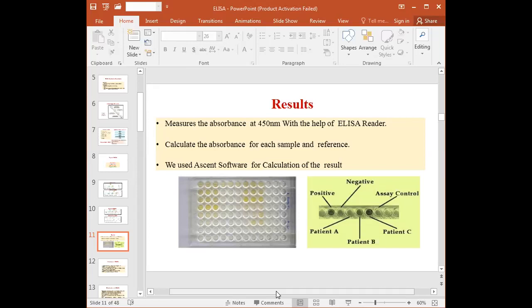And here you can see there are three different patient samples to be assessed. Now in this assay, if we are getting this type of data, it means patient C has a similar optical density to the positive control, so definitely we can say patient C and patient B are positive.